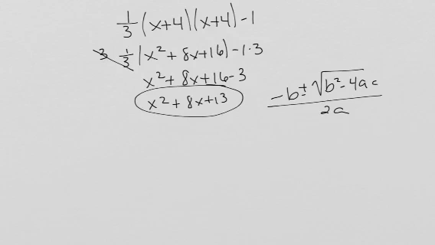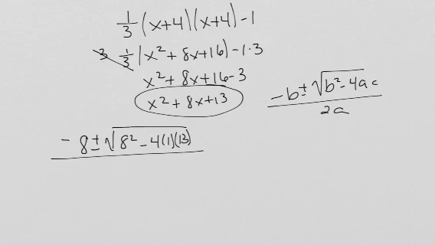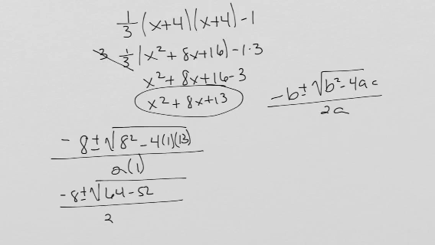When I do that, I get -8 plus or minus the square root of 8² - 4 times 1 times 13, all over 2 times a. Simplifying, I get -8 plus or minus the square root of 64 - 52, all over 2.